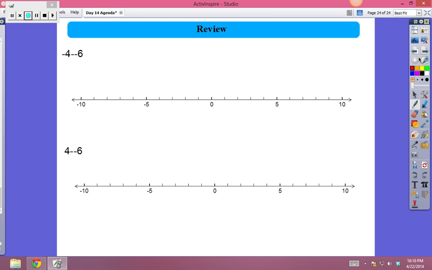And then the final ones. I've got a vector of negative 4. So negative direction, length of 4. I've got another vector, negative direction, length is 6. Okay, now I'm going to subtract the second from the first. So subtract means I need to change the direction of the second vector.